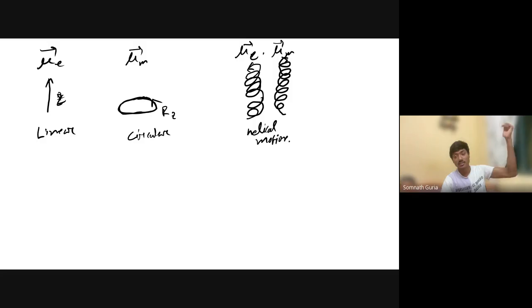Now if we shine circularly polarized light, that means plane polarized light, which is a combination of two circularly polarized lights, one left-hand and one right-hand, interacting with molecules having this kind of helical electrical and magnetic dipole moment.